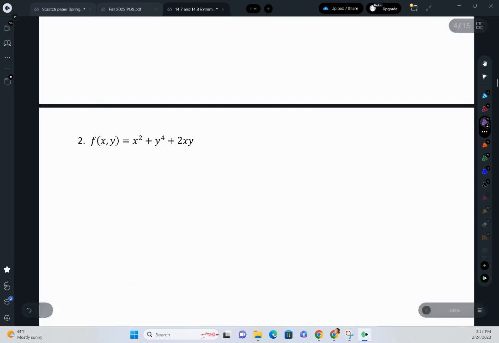In the second one, same thing, we're trying to find our extrema. F of xy is x squared plus y to the fourth plus 2xy. We're going to go through the exact same steps. First we are going to solve f sub x equals 0 and f sub y equals 0 simultaneously.